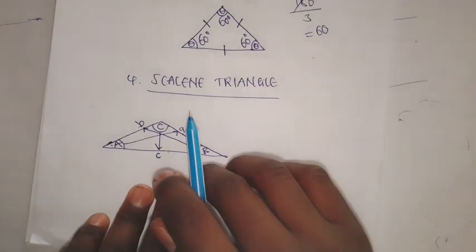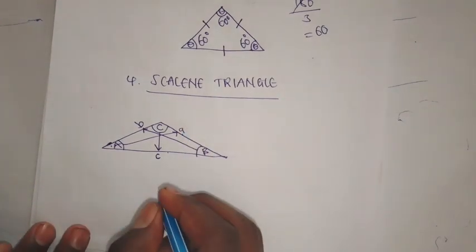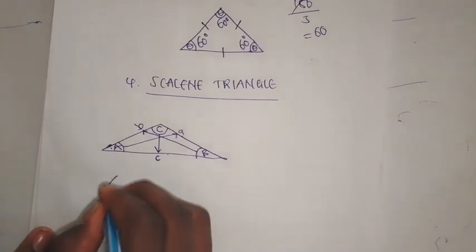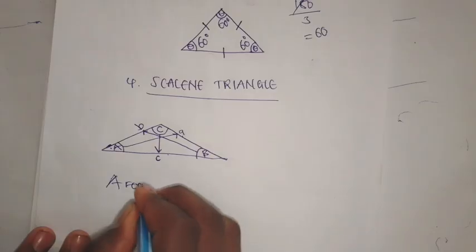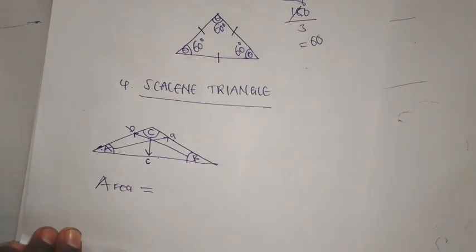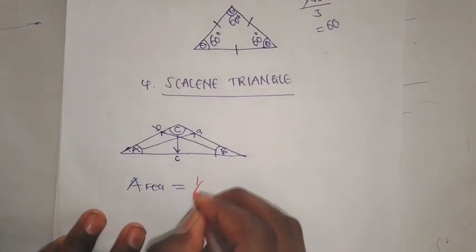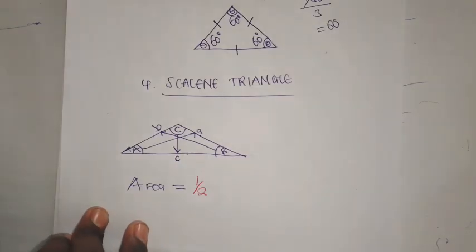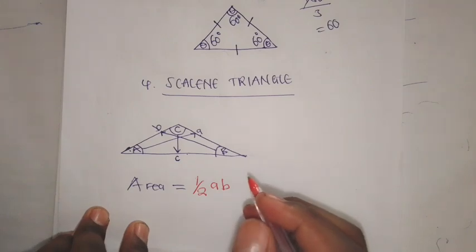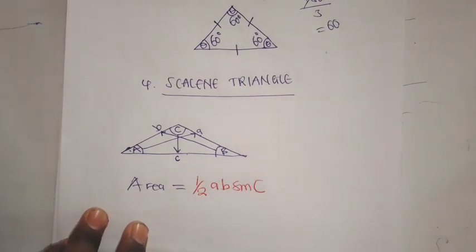So area is equal to half. Even here we use half, so half times AB sin C. So this is the general formula.